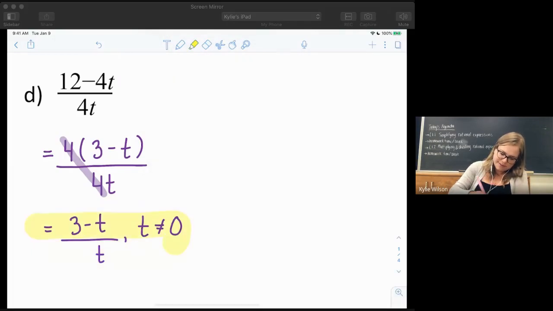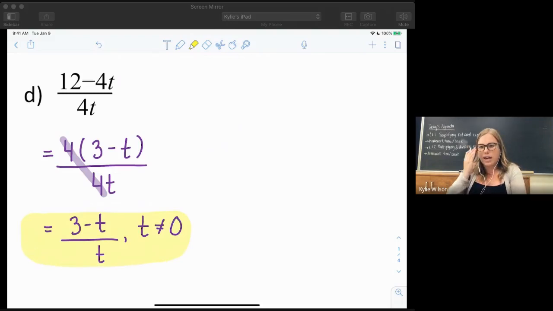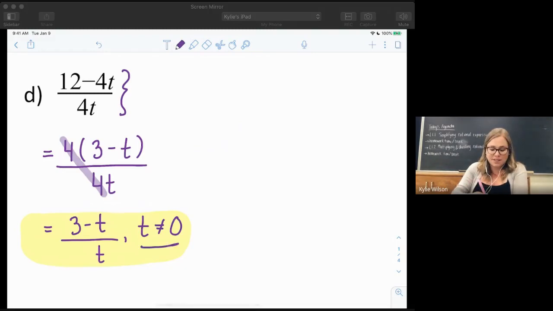Okay, so there's a few questions in the chat that I want to address. The first one is that Nolan asked, what's the point in doing restrictions? What this means is when t equals 0 for this question, this whole thing doesn't exist. If I were to graph it, I would have a space on the graph that doesn't exist where t equals 0.